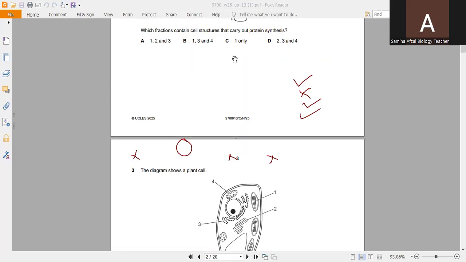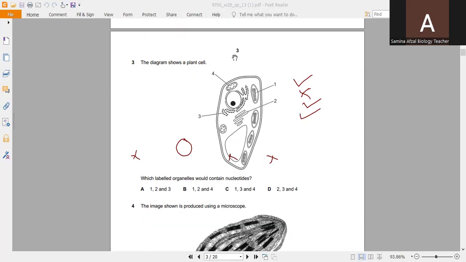Now moving towards question number 3. The diagram shows a plant cell. You can see number 1, number 2, number 3, and number 4.